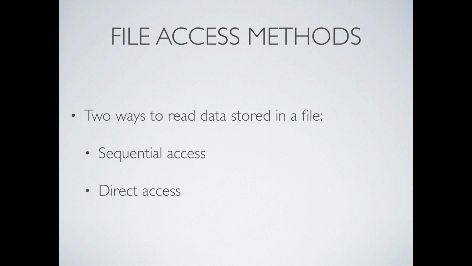In the future, you can potentially write code that interacts with files that use direct access, but it requires a little bit of extra thought. So again, we will mostly be working with sequential access. Actually, we will only be working with sequential access files, but it's still good to know the differences. So let's talk about them.